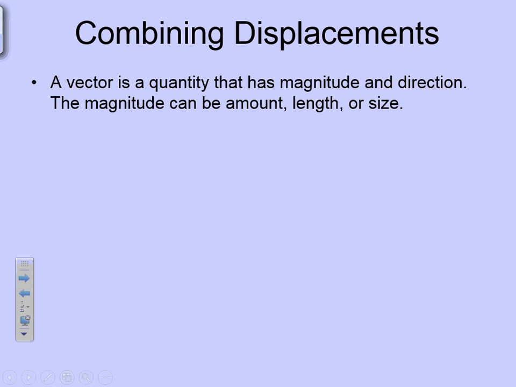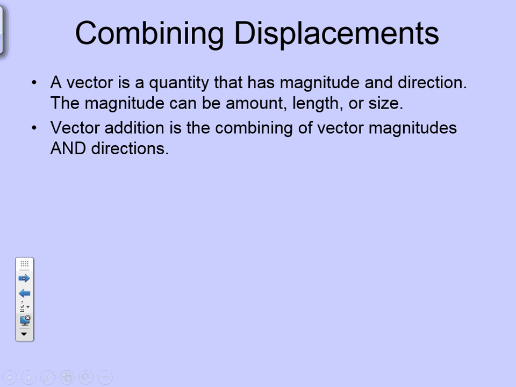That's our next question. Well, what we're going to do is a vector. We're going to talk about vectors just a little bit, but a vector is anything that has magnitude and direction. So when you give displacement, it has to have a distance, like in meters, and a direction.